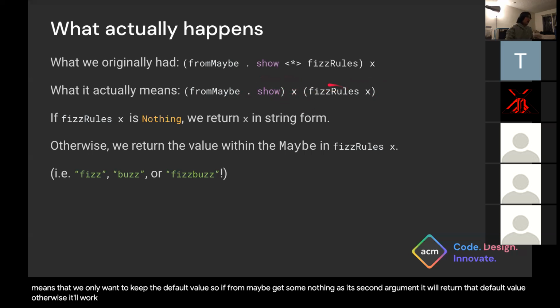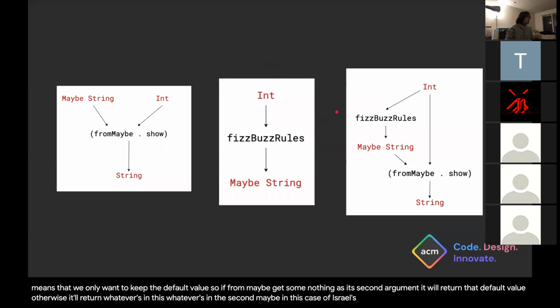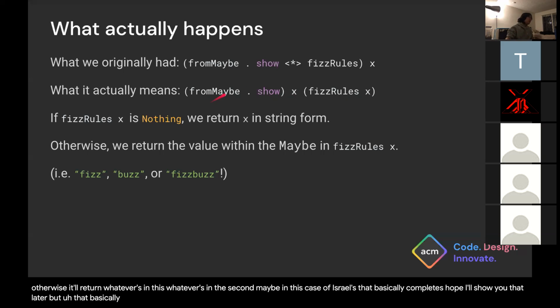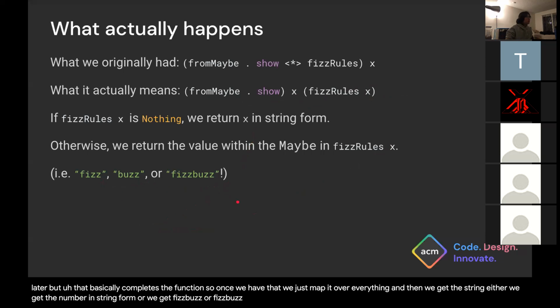Otherwise, it'll return whatever's in the second maybe, in this case, Fizzrules. And that basically completes the function. Once we have that, we just map it over everything, and then we get the string. Either we get the number in string form, or we get fizz, buzz, or Fizzbuzz.